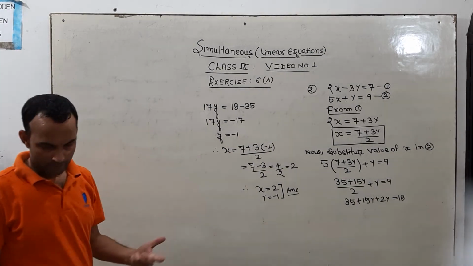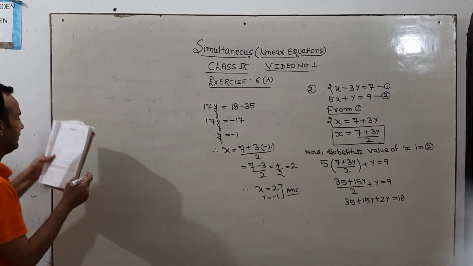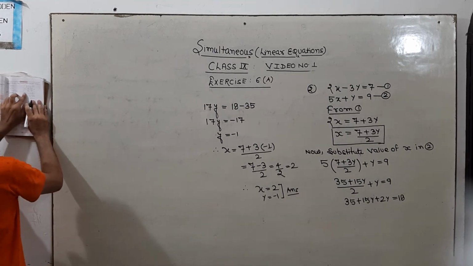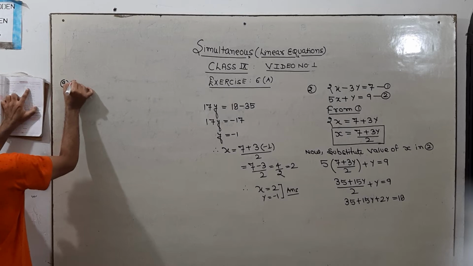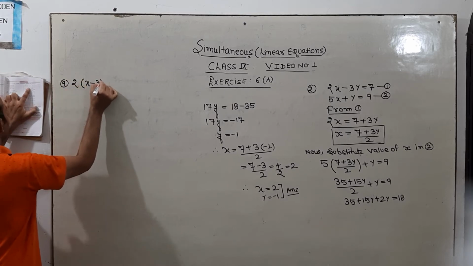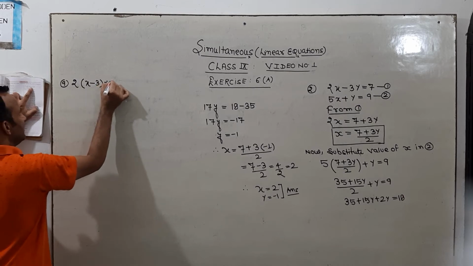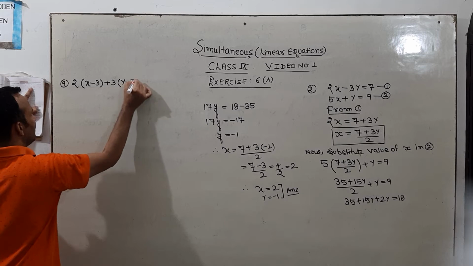Now, to explain more, I am going to take next problem, my dear students. Now see, problem number 9. This is what? 2 times of x minus 3 plus 3 times of y minus 5 is equal to 0.